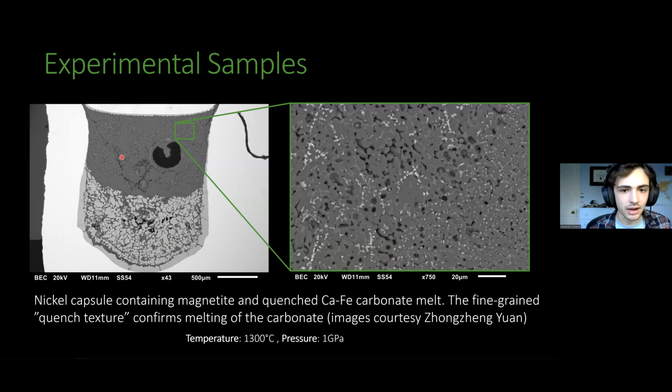And this dark gray, which shows a very fine grained texture, is the quenched melt of carbonate and magnetite together, meaning that the two phases should be in equilibrium. And our next step would be to measure the experiment under LA-ICP-MS to get trace element data to compare to the natural samples.